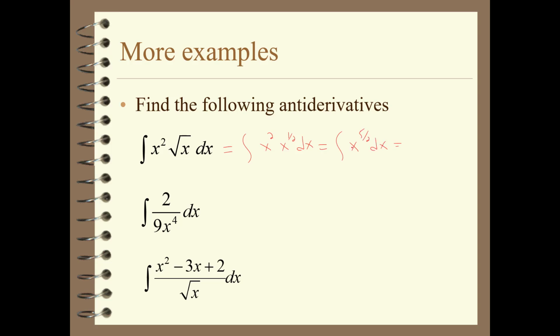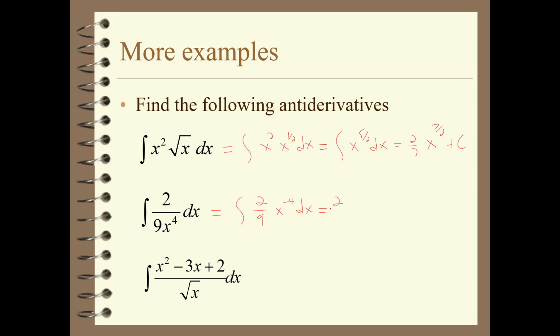And now that's the x to the n. So I have that rule. I take the power, I increase it by 1, I multiply by the reciprocal of the power, and I add c. That's that antiderivative. For the next one, notice I can write it as 2/9 times x to the negative 4 dx.